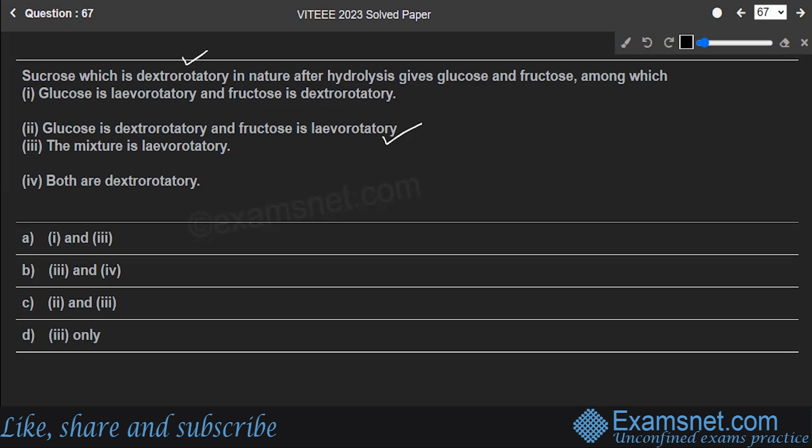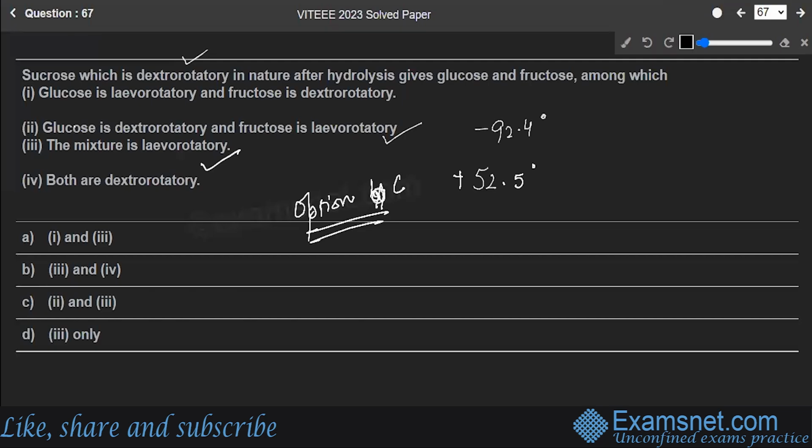Since the levorotation of fructose at minus 92.4 degrees is more than the dextrorotation of glucose at plus 52.5 degrees, the mixture is levorotatory. The second and the third are correct, so option C is the right answer.